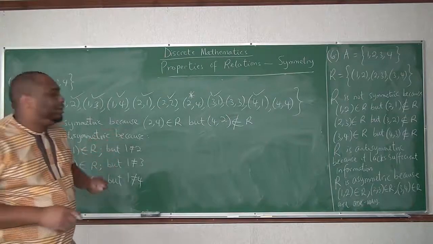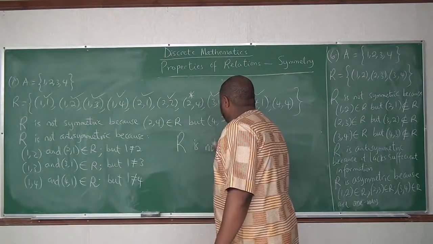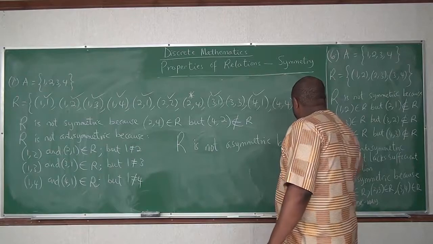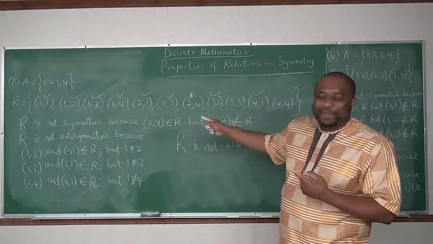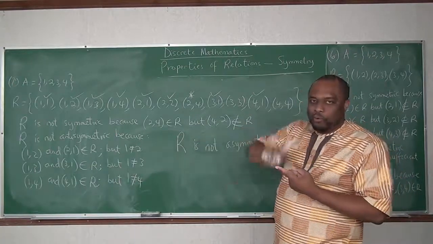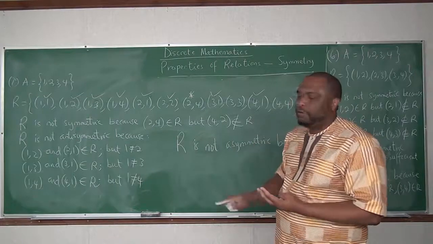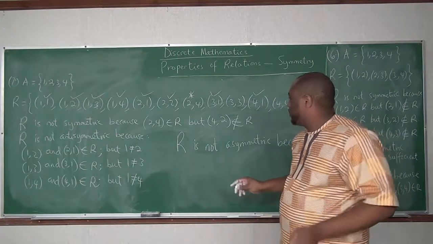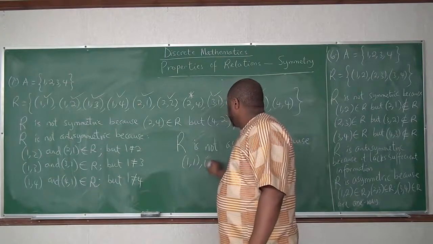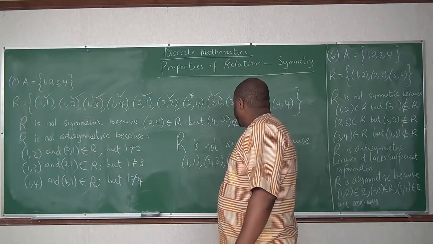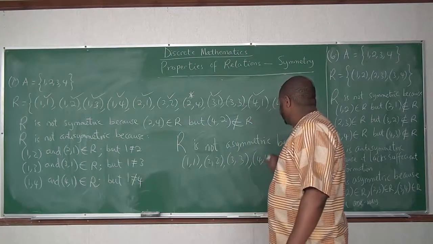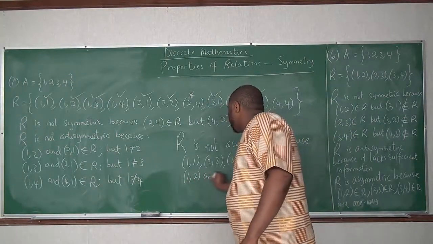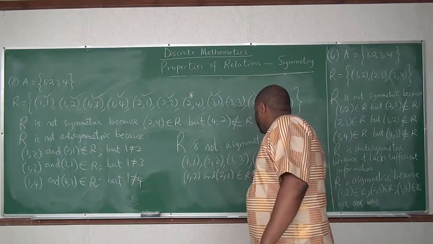Now, is R asymmetric? No. It is not asymmetric because you have 1, 1, 2, 2, 3, 3, 4, 4 as elements of R. Not just that, you have 1, 2 and 2, 1 as elements of R, which should not be.